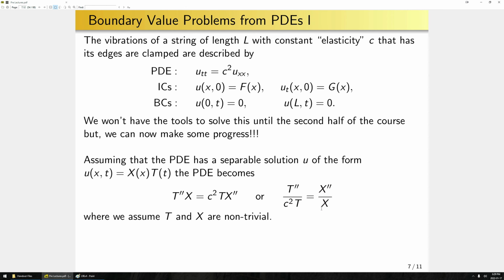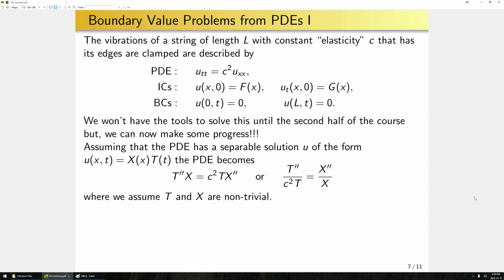And do note here, I do have to assume that these X and T are non-trivial to be able to do this. Okay, so now I still have a problem. If I integrate this thing with respect to t to simplify things a bit, then I have to integrate this with respect to t, which just adds an arbitrary t there. It doesn't really help me. You can try going along those lines, but it won't work.